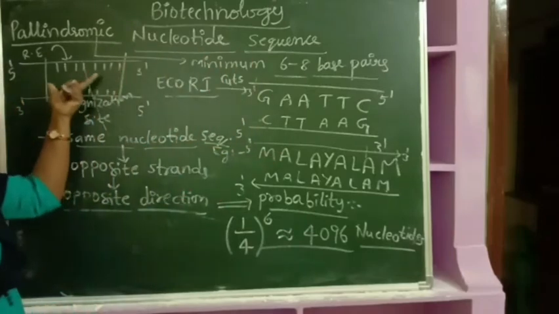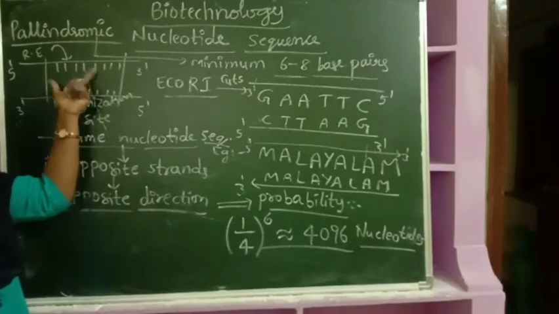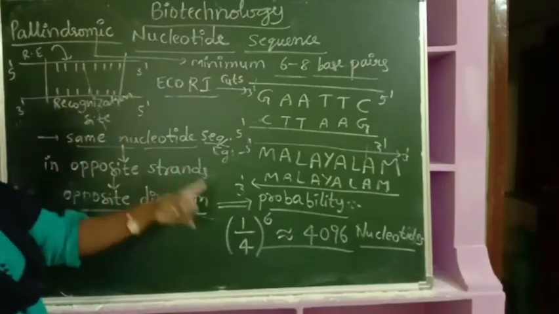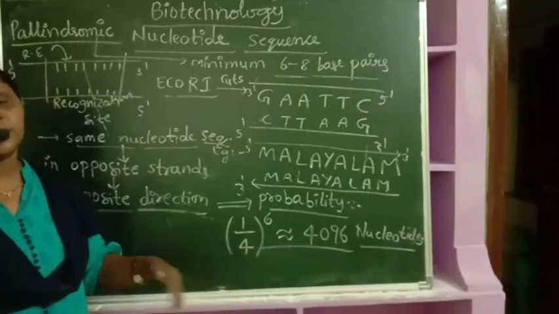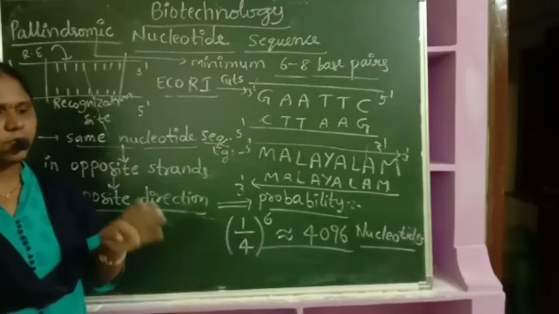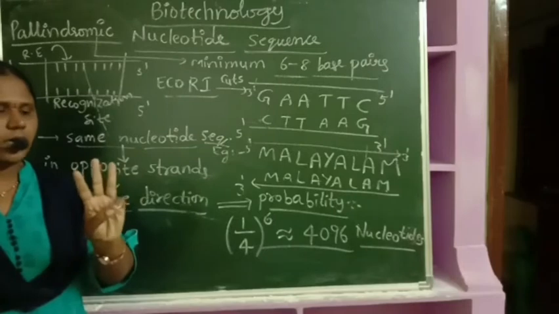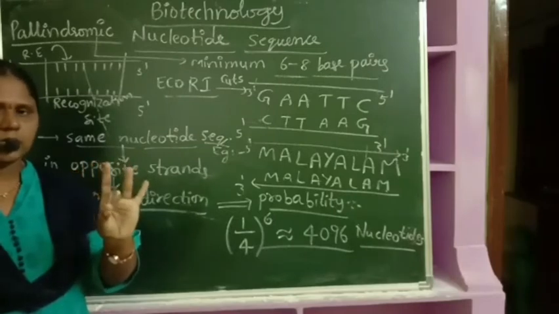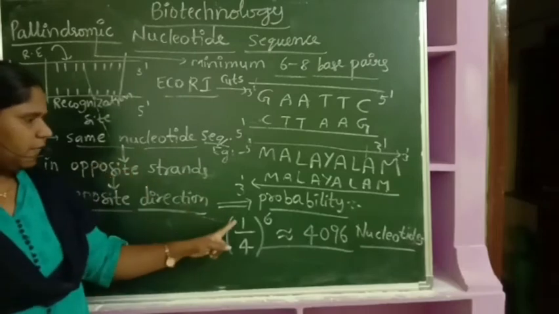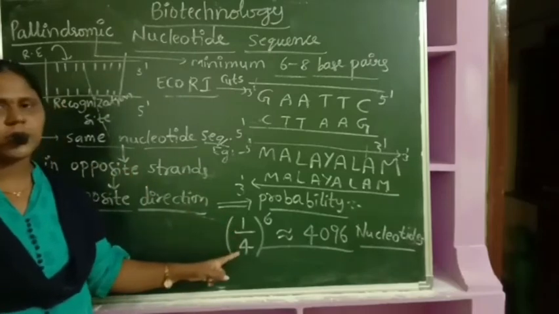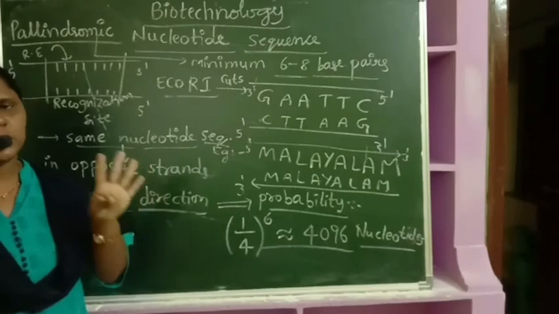In that, if you talk about any one fragment, it is one by 4. 4 means the possibility of nitrogen bases is of 4 types. What are they? Adenine, guanine, cytosine, thymine. For one fragment, there is a possibility of occurrence of 4 types of nitrogen base pairs.